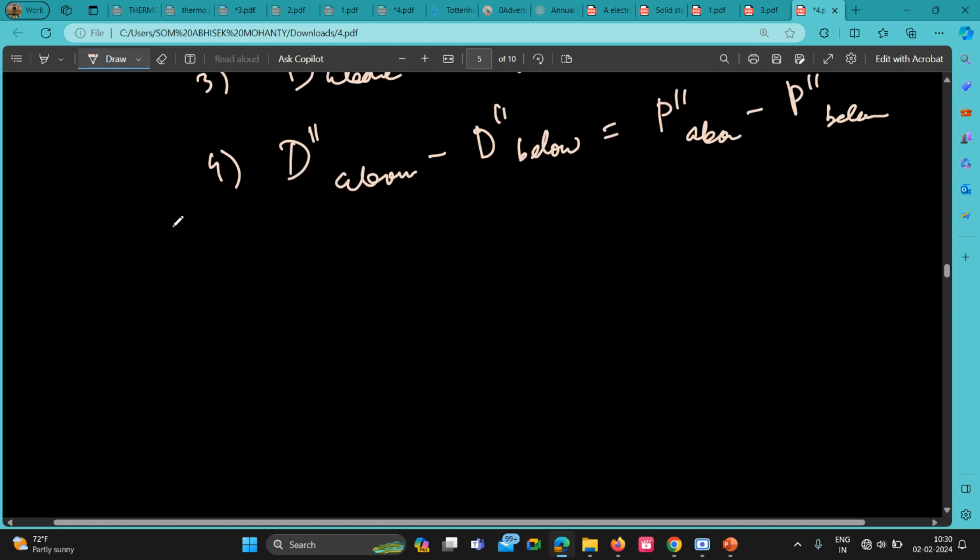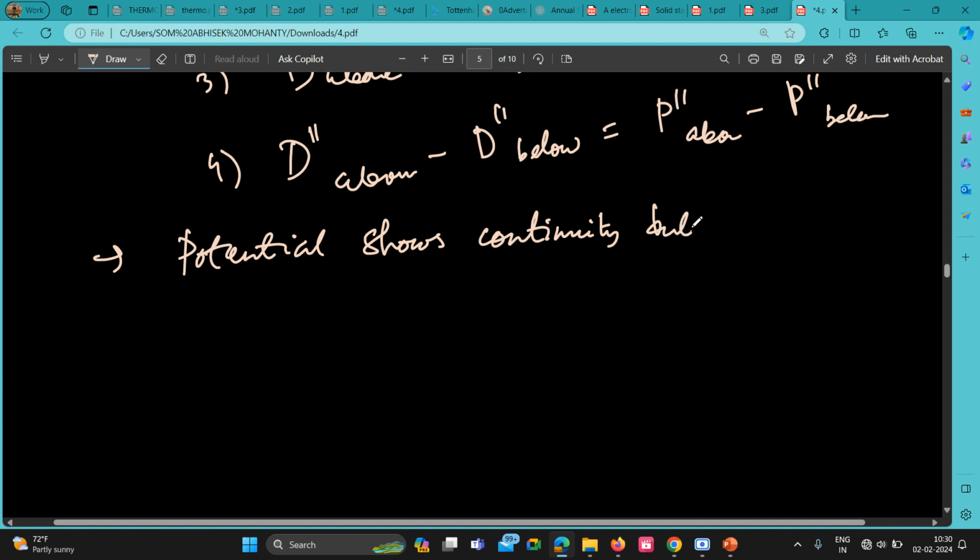Next, write an important point. The potential is continuous, but its first order derivative is not.